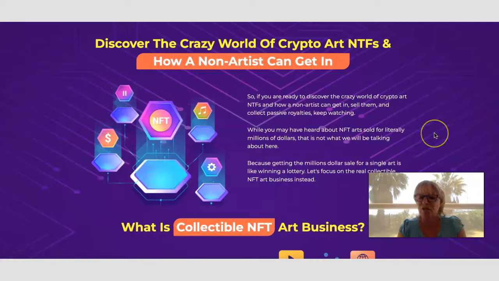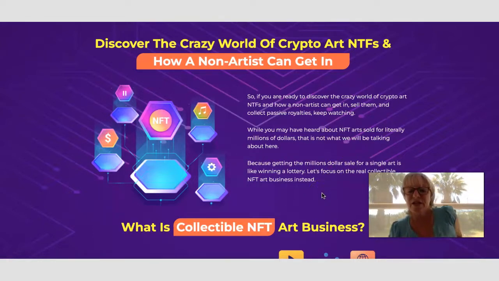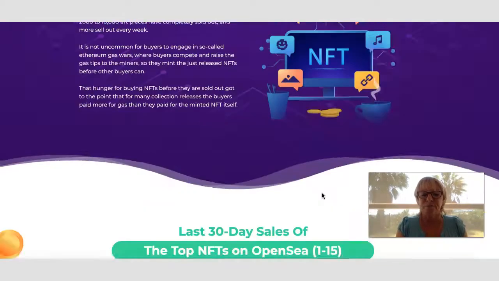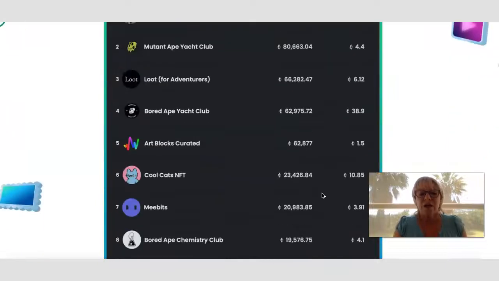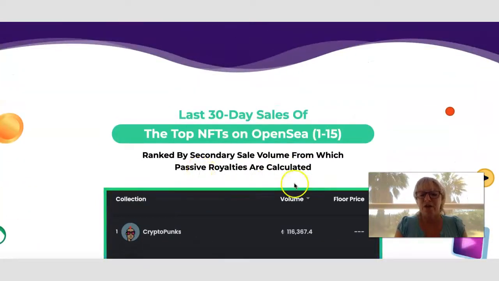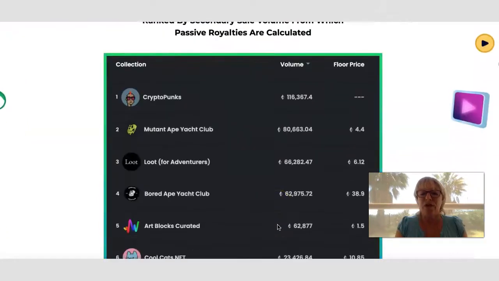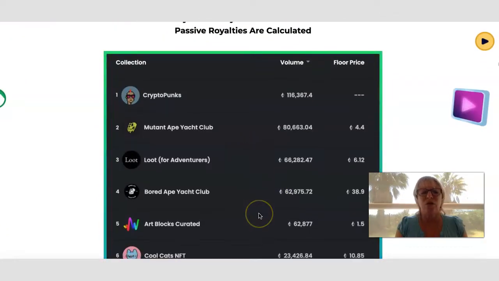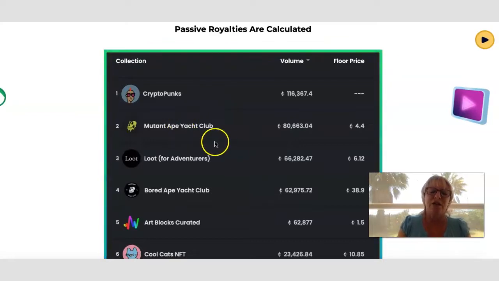So using this software, if you're not an artist, this will help, because obviously you can start creating these simple NFTs with this software, as we've just seen. And this is just a little example of the sales volume and the royalties that have been calculated. So these are the different collections that are available.